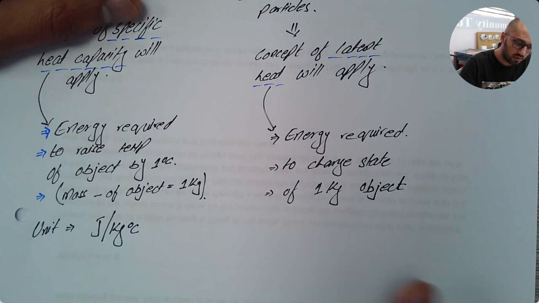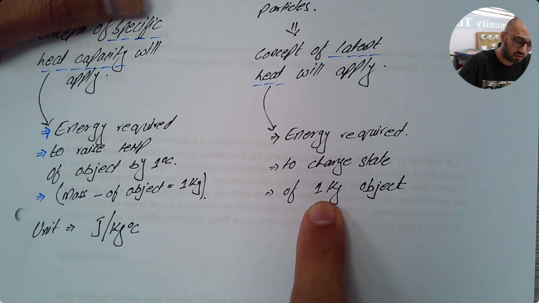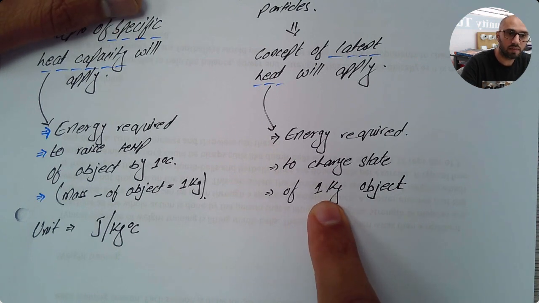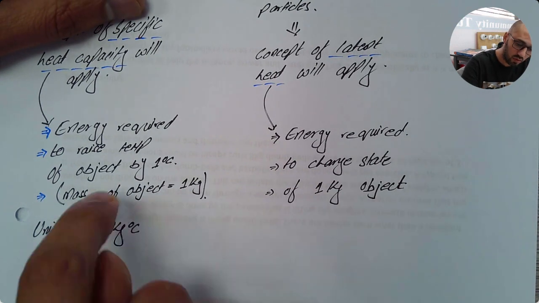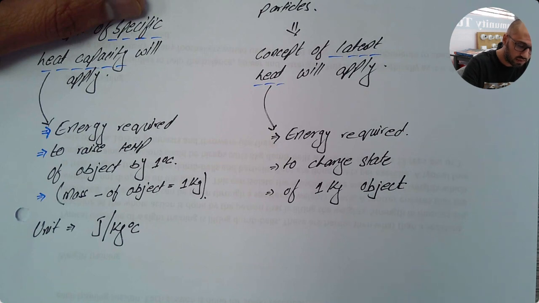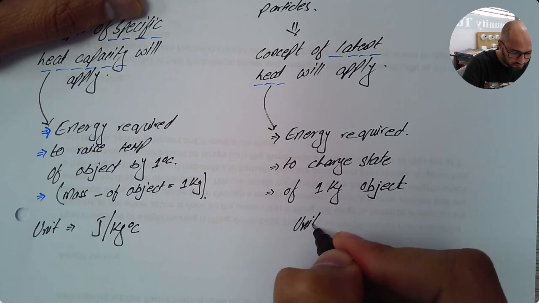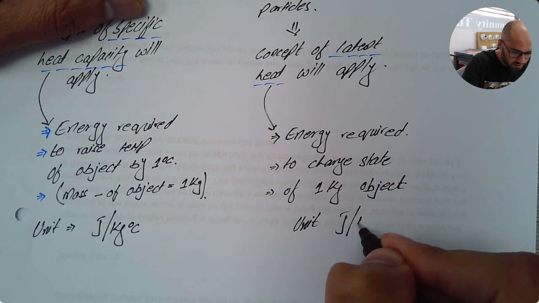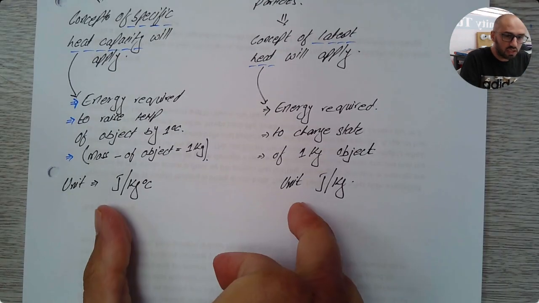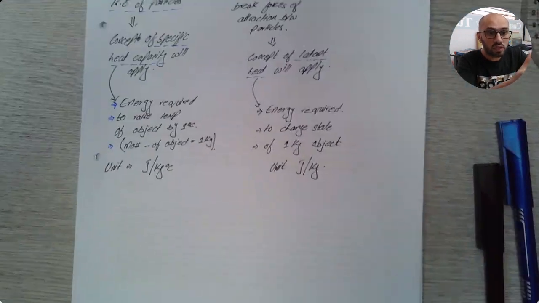So again, the main concept to keep in mind is that the object must have a mass of 1 kilogram, and that's common to both of them. The unit in this case is joules per kilogram.